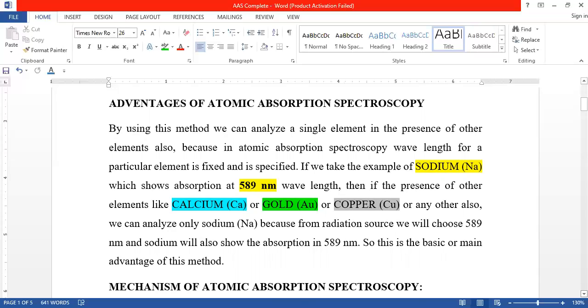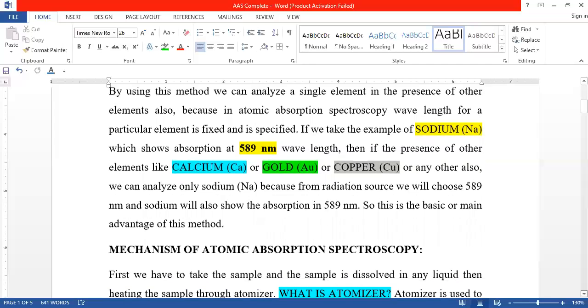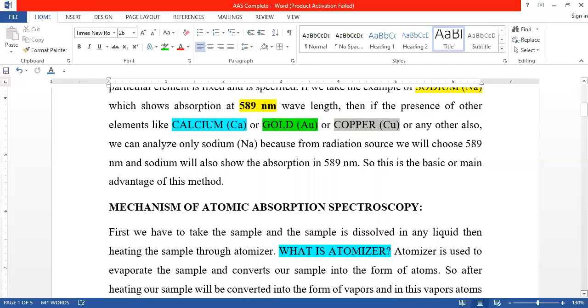Now I am going to discuss the mechanism of atomic absorption spectroscopy. What happens in atomic absorption spectroscopy? First, we have to take the sample, and the sample is dissolved in a liquid.